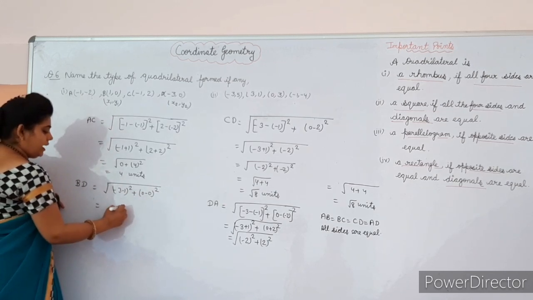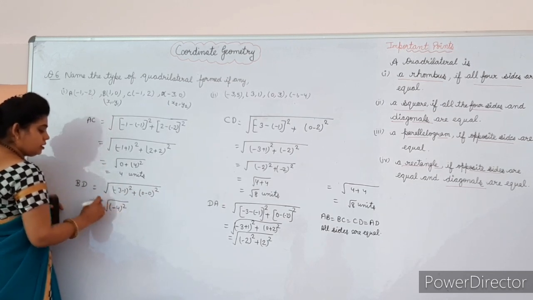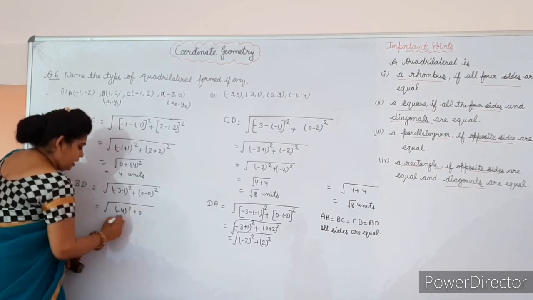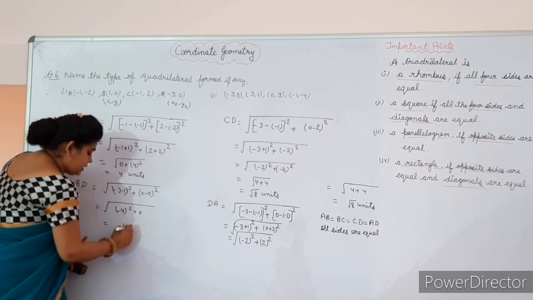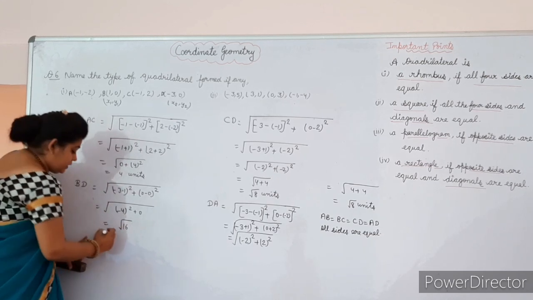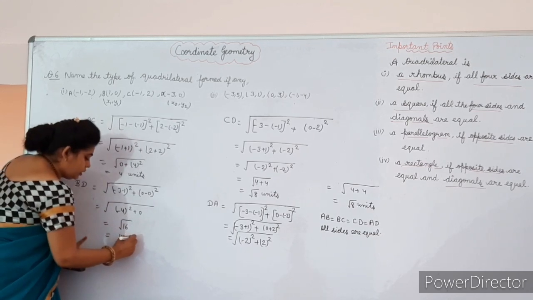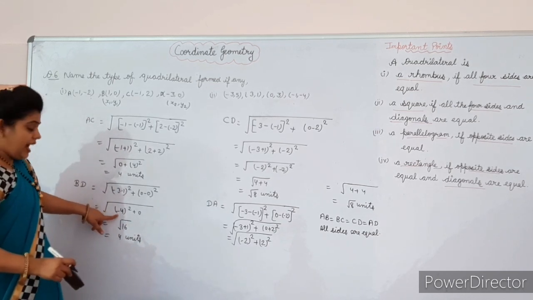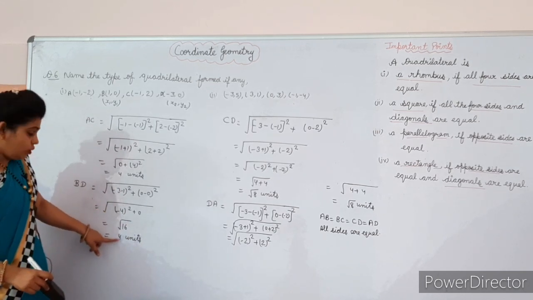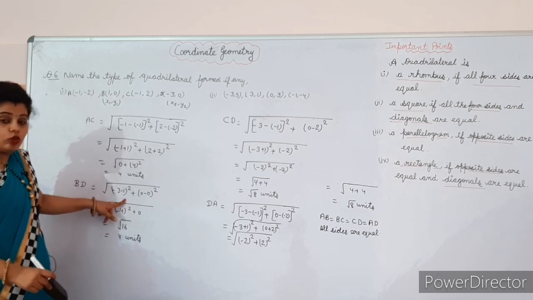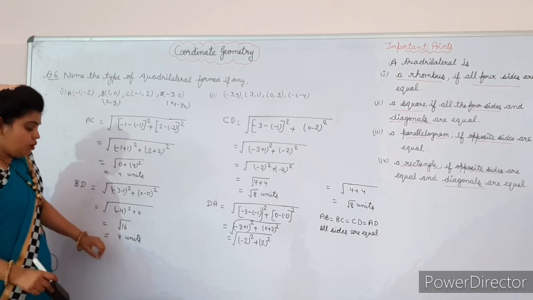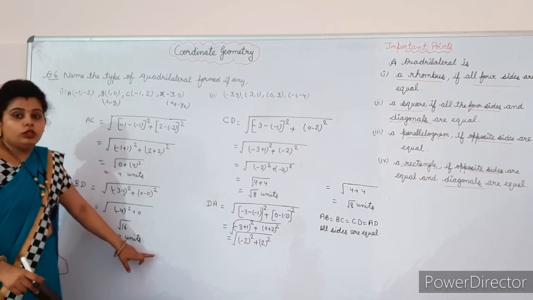From here minus 4 whole square plus 0, and square of minus 4 is 16, square root of 16 is 4 units. One more thing, students can write it as minus 4 also because square root cancels out, but distance cannot be negative, so it will be 4 units.